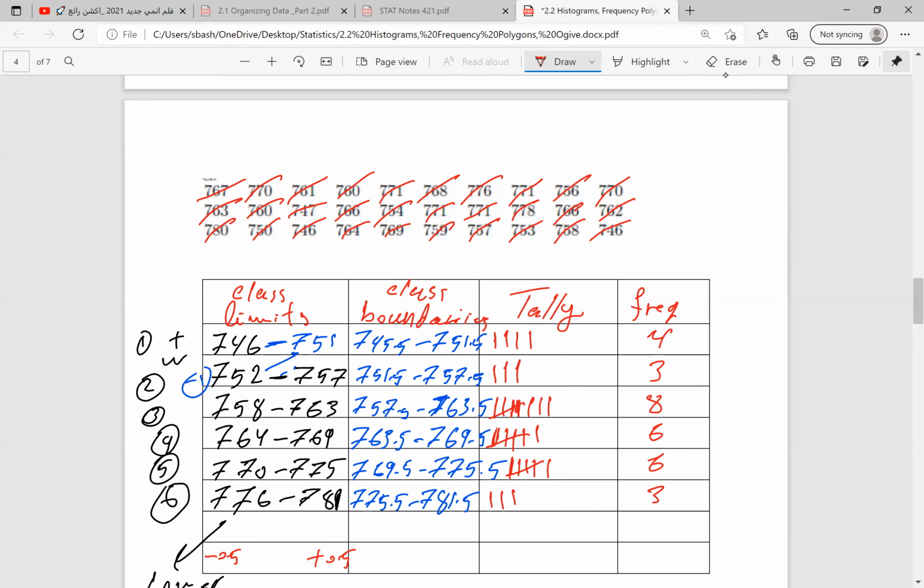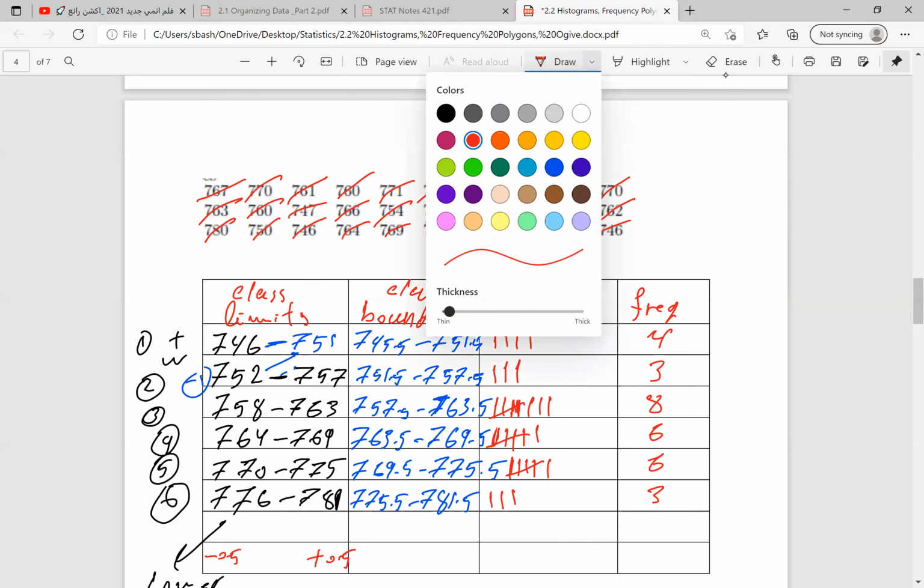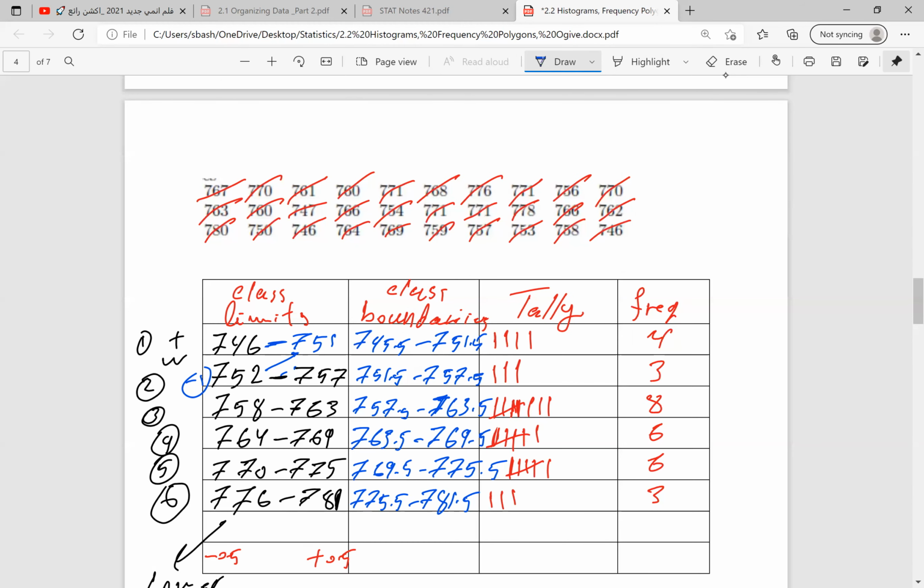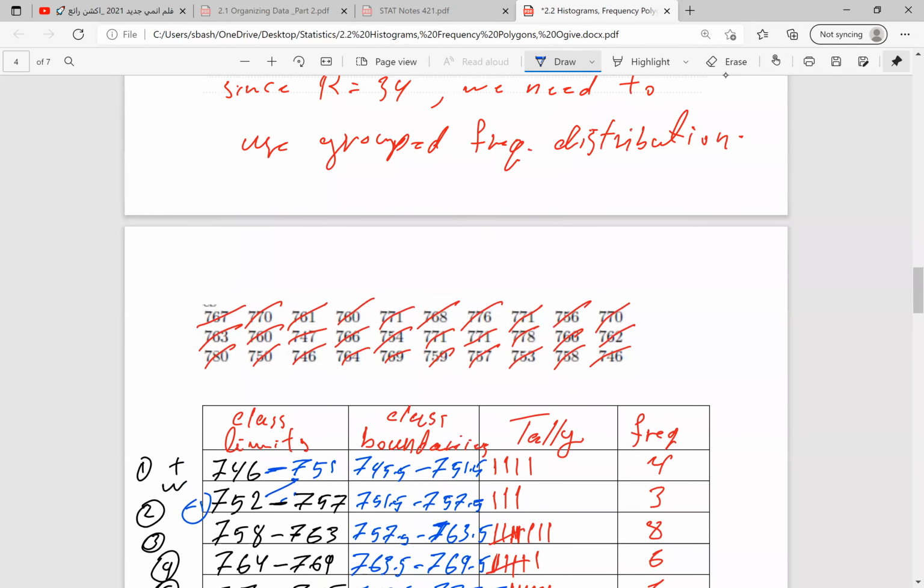If we want to check how many data we have, or maybe we missed something, I can add the frequencies to see. The total for the frequency will be 4 plus 3 is 7, plus 8 is 15, plus 12 is 27, plus 3. So the total for the frequencies is equal to 30. I can convert this to the data I have to see how many data I was given in the question.